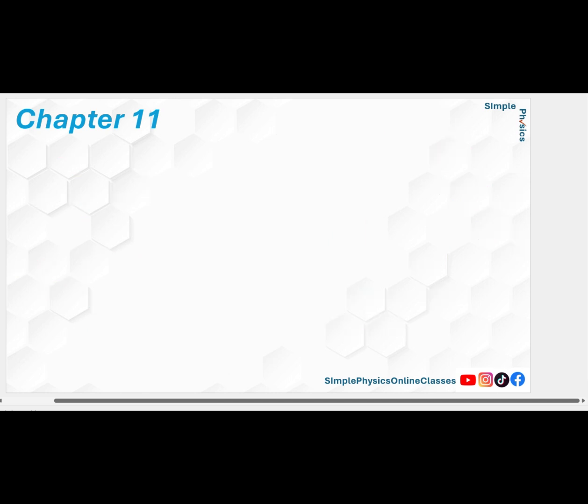The other thing they haven't tested very much is upthrust. So what is upthrust? Anything that is in water experiences upthrust. If you think of something in the water, you've got the weight downwards. Why does it float? Because there's an upthrust upwards, and the weight equals the upthrust when you float.